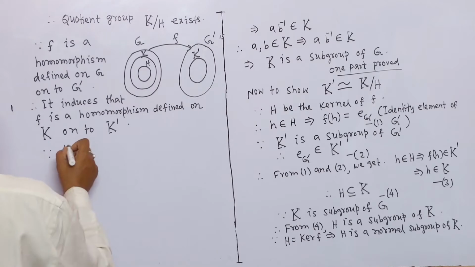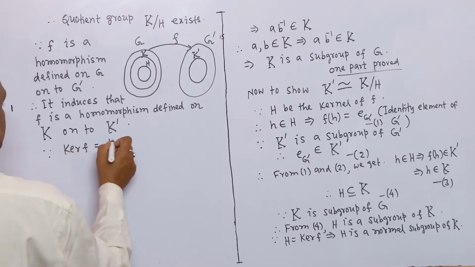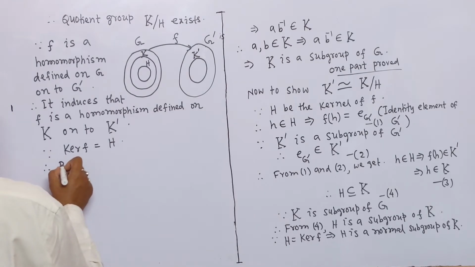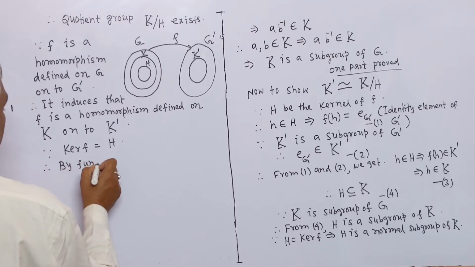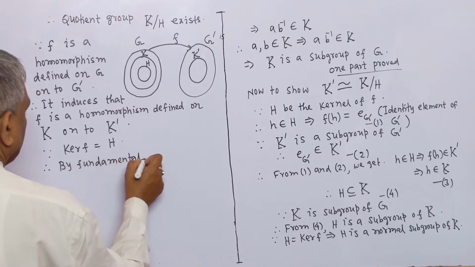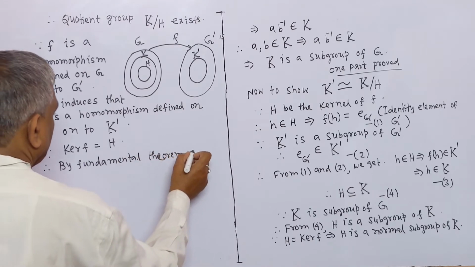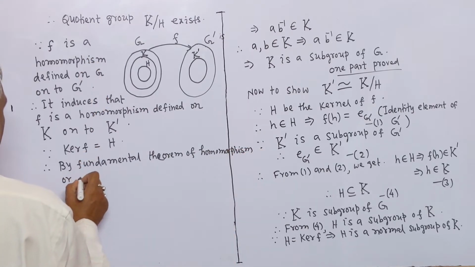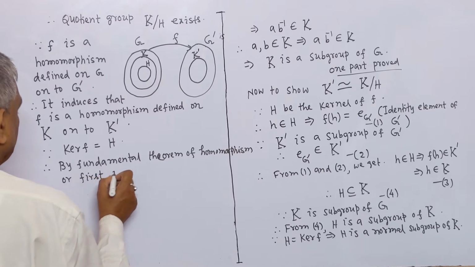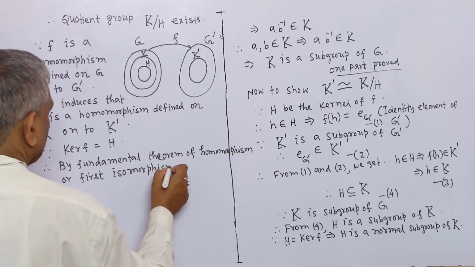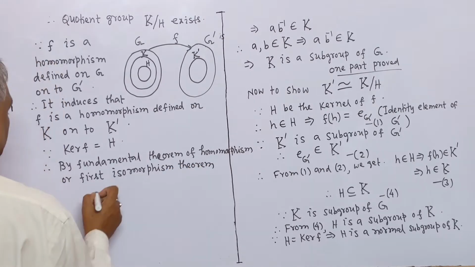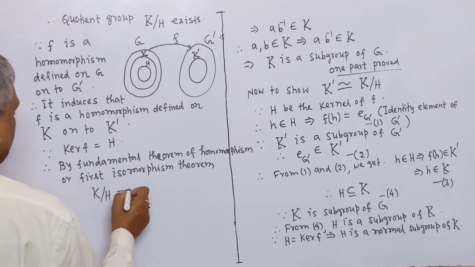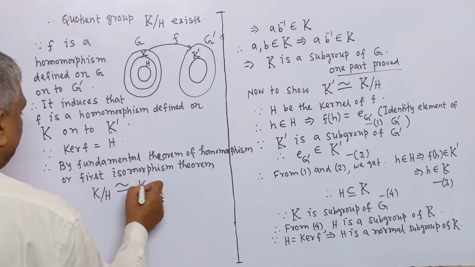Since the kernel of F equals H, therefore by the fundamental theorem of homomorphism, or first isomorphism theorem, the quotient group K by H is isomorphic to K prime.